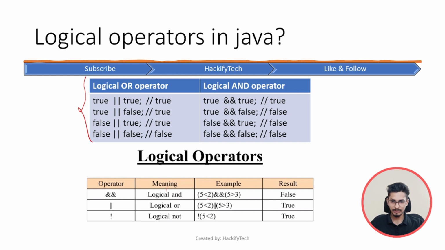so this table will help you in understanding the logic, the same as what I have explained on the board. Also we have some problems given here, for example, 5 is less than 2 ampersand ampersand 5 is greater than 3. So is this greater than 2? Sorry, 5 is less than 2? No, it is a false statement, ampersand ampersand.